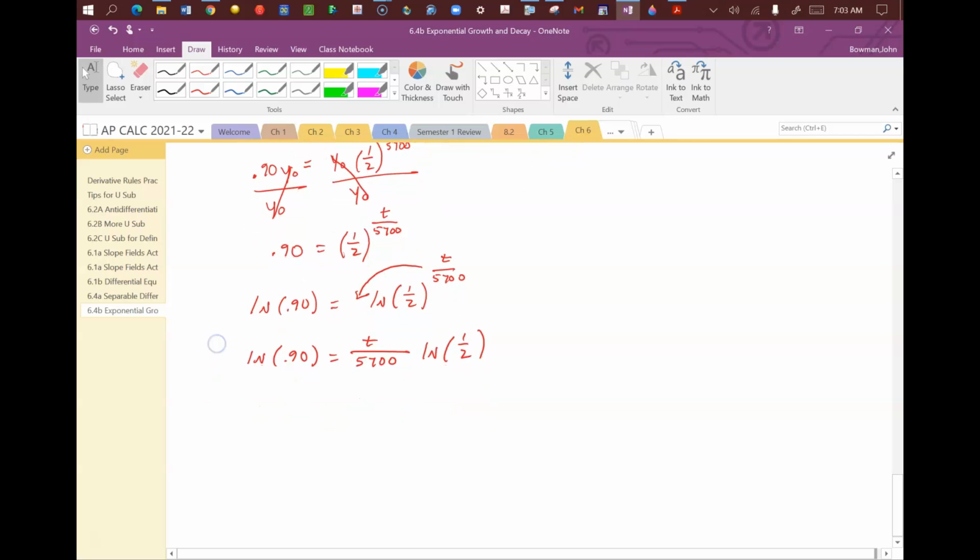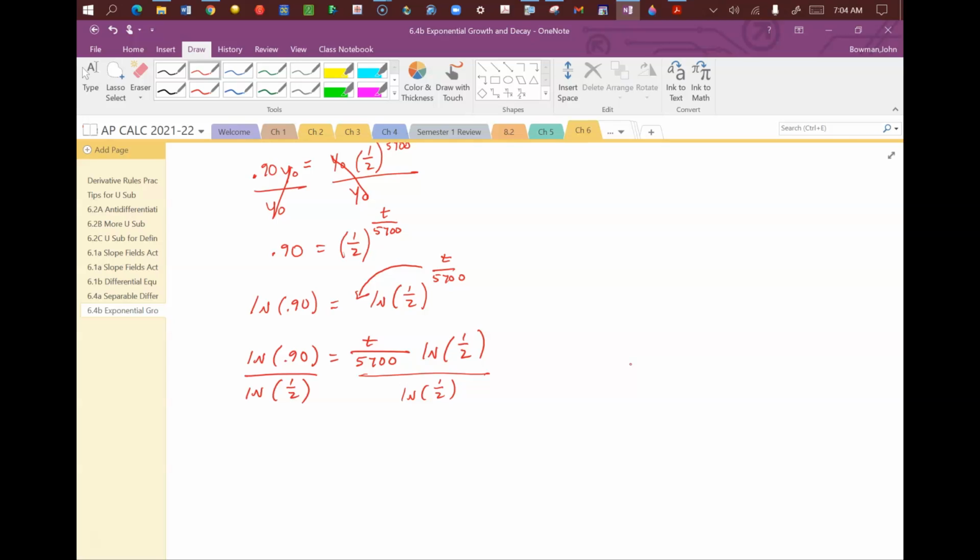Divide both sides by the natural log of 1/2. Do not make the mistake of taking natural log of 0.90 minus natural log of 1/2. That is not the log property. The log property would be natural log of 0.9 over 1/2 can be written as natural log of 0.9 minus natural log of 1/2.